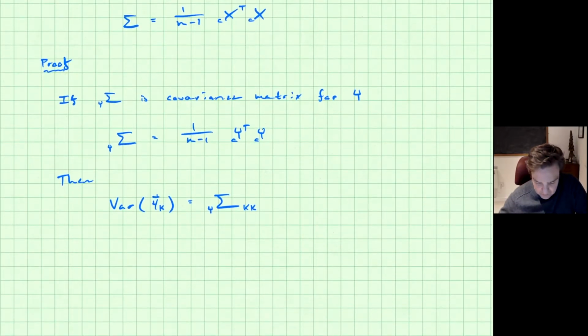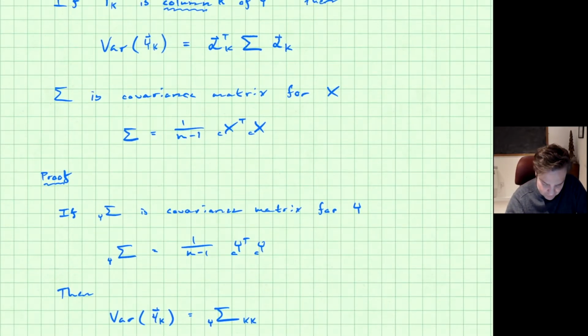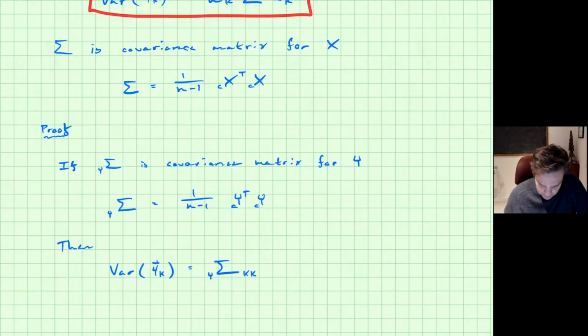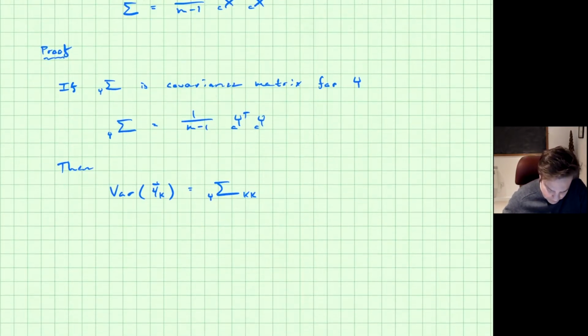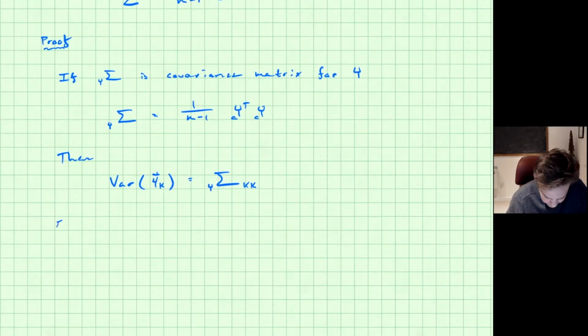Now, since what we're trying to prove is this thing here, we're going to start from here. What we want to do now is just rearrange the right-hand side, right? So express this guy in terms of x.